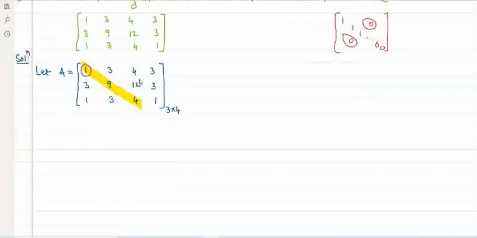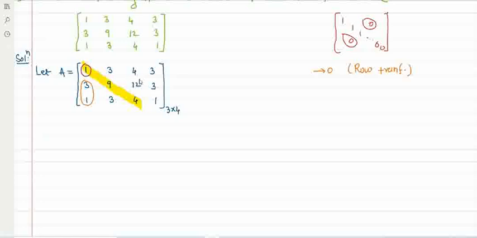Now for our example, the A11 element is 1. Already you have that. The first target is fulfilled. After that, fix the elements which are below A11. These elements you have to reduce to 0. By applying row transformations, it is not mandatory.